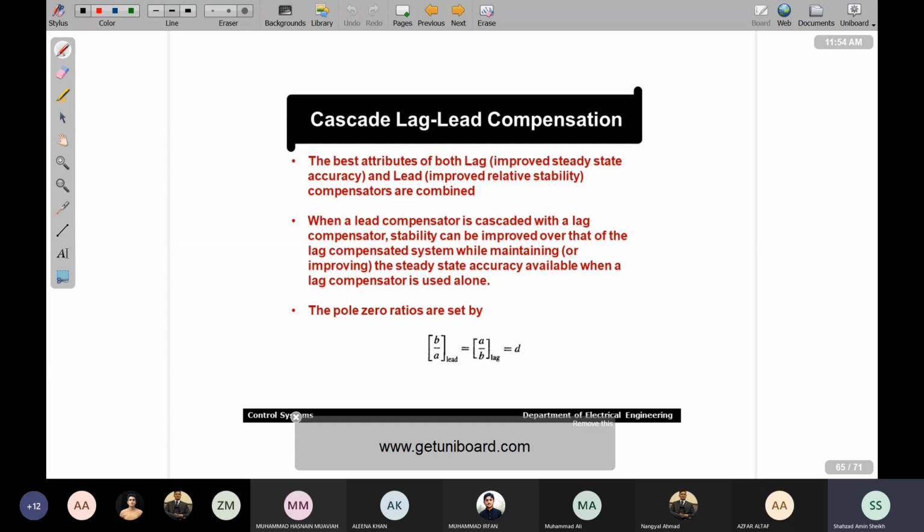When a lead compensator is cascaded with a lag compensator, stability can be improved over that of the lag compensated system, as we have talked, and while maintaining or somehow improving the steady state accuracy available when a lag compensator is used alone.